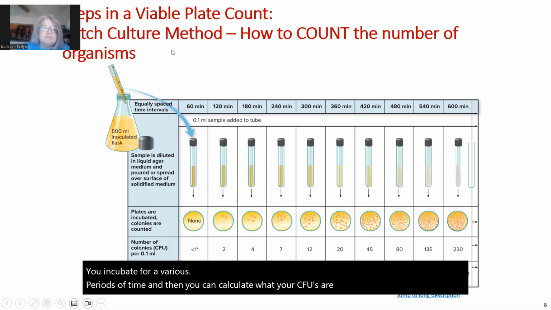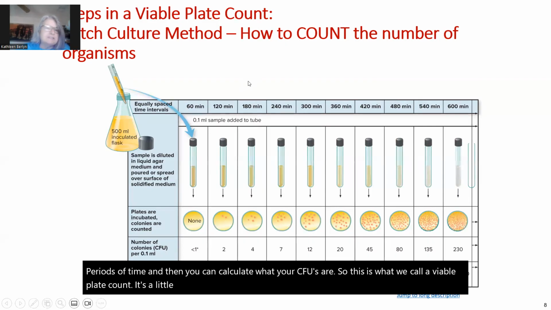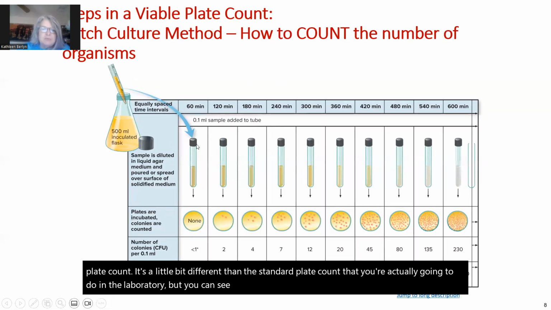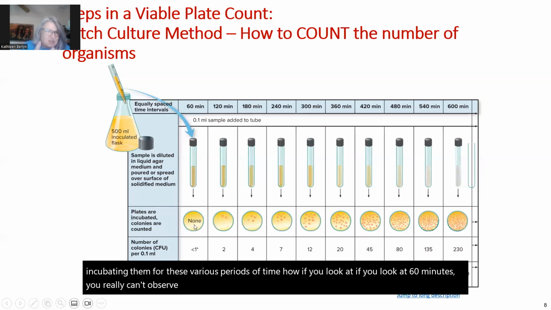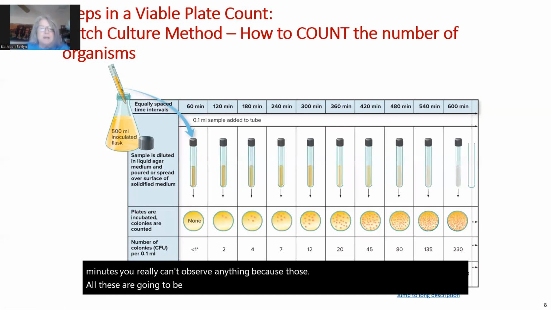So this is what we call a viable plate count. It's a little bit different than the standard plate count that you're actually going to do in the laboratory. But you can see by adding 0.1 mLs of sample to the tubes and then incubating them for these various periods of time, if you look at 60 minutes, you really can't observe anything because those colonies aren't going to be visible yet. But if you go 120 minutes, you'll notice 2 colonies.